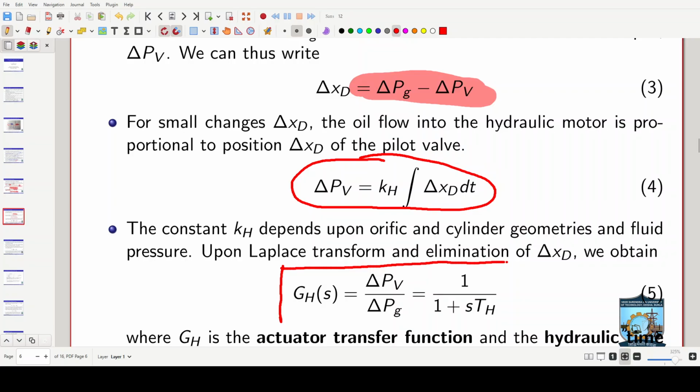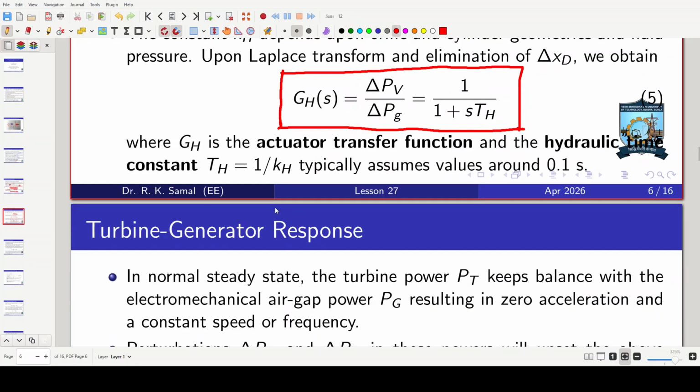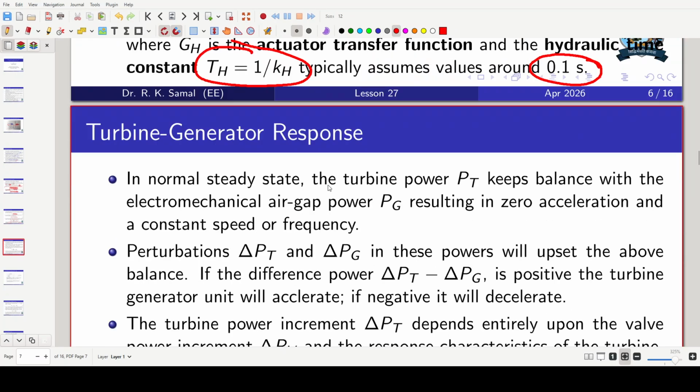The first transfer function you will see is known as the actuator transfer function, where the valve power, or the power which opens and closes the gates, and the generator power are related using a time constant known as the hydraulic time constant. It has a typical value of 0.1 second. Those who are going to do a project in AGC might need to model this in some software.